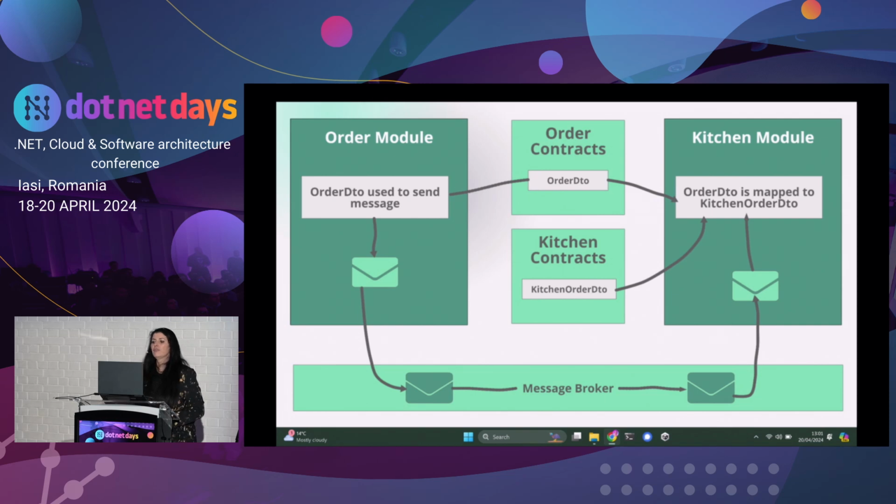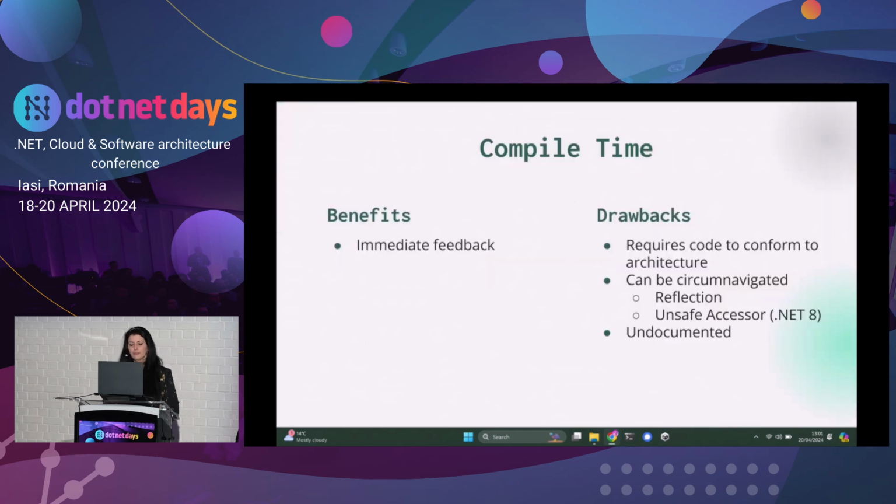And then it can convert it to its own model, a kitchen orders DTO, or whatever it needs to do with it, and then carry on. And that's how our contracts work. And that's our bounded context. It's saying, this is what I'm giving you, the order module. This is what it looks like. And the other module can go, thanks, okay, I know what to do with it. I know what it looks like. So that's how you work on those contracts.